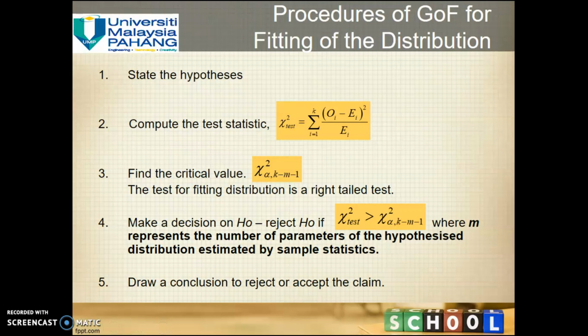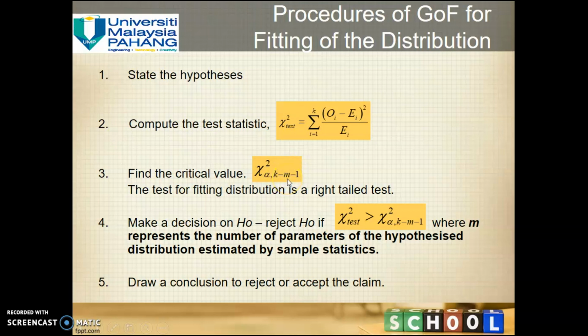For example, for Poisson, I said just now, we have one parameter, which is lambda, representing the mean or average. If you cannot find lambda anywhere in your question, it is not given, then M here equals 1, because you would have to calculate the lambda.